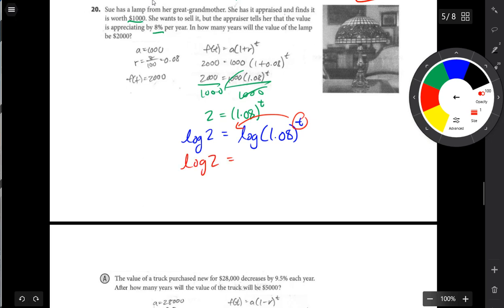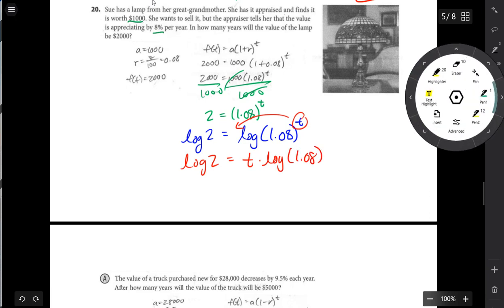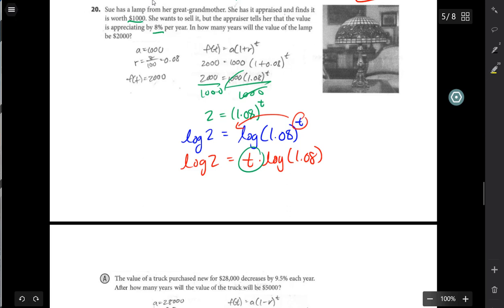Log of 2 equals t times log of 1.08. Now we want to get t by itself, so we divide by log 1.08.